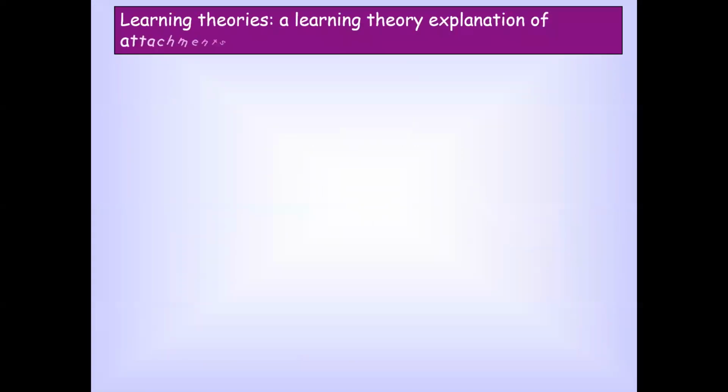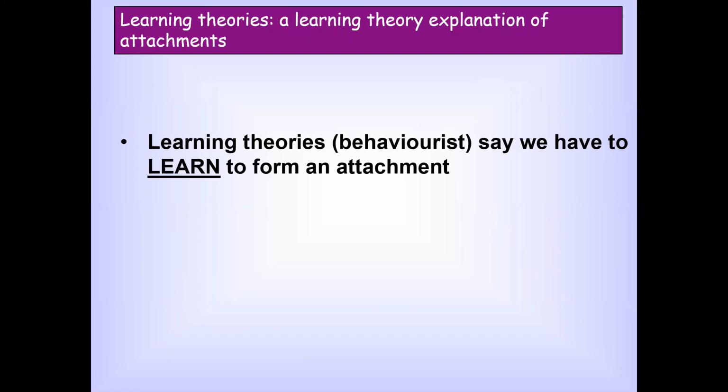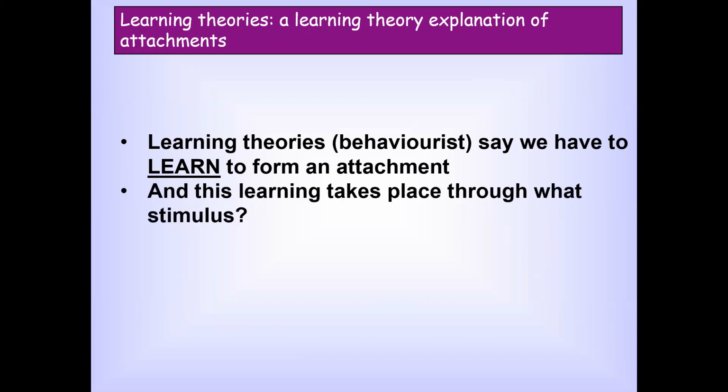According to operant conditioning, we learn through the process of reinforcement. Attachment needs to be learned. So we need to learn how to form an attachment. According to the behaviourist approach, or learning theories, attachment is not innate. We're not born with this drive to form an attachment. We need to learn to form an attachment.